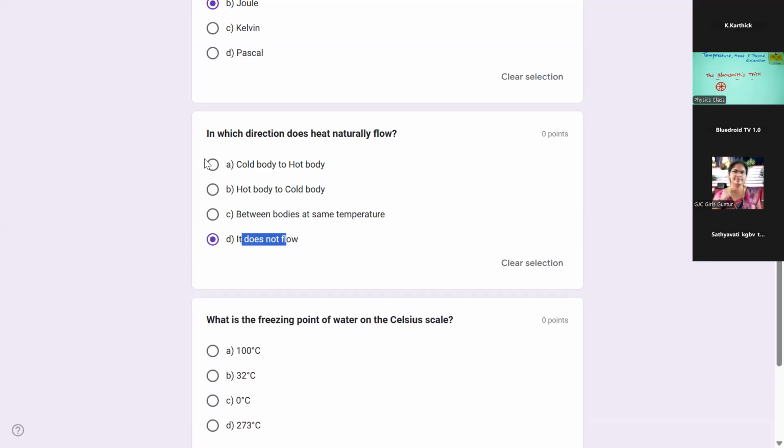Heat always flows from the hot object to the cold object. Option B is the correct answer.